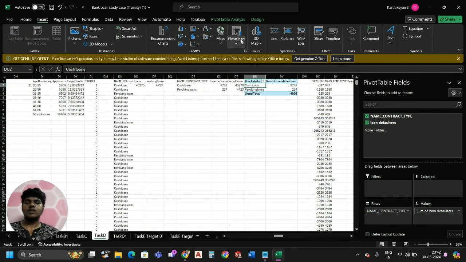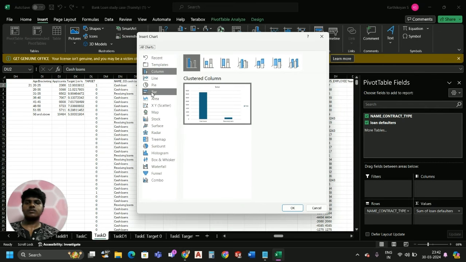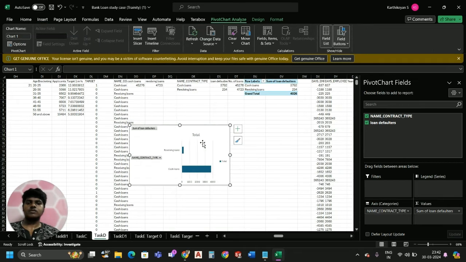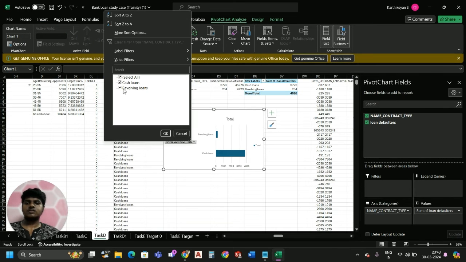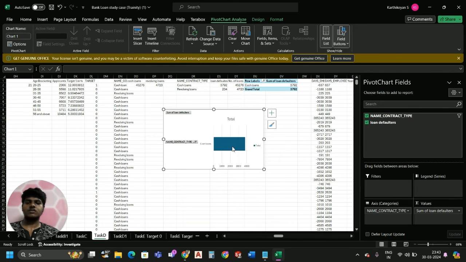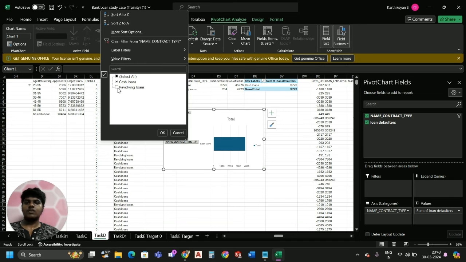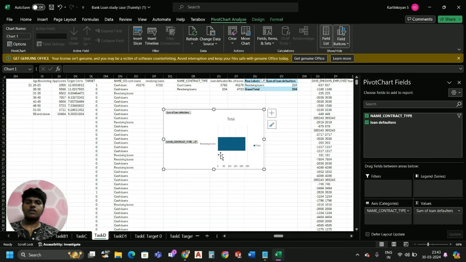Click here on pivot chart. You will get the pivot chart here. You can use this to see how many applicants are having a cash loan, and how many applicants are having only revolving loans, with the loan defaulters, that is difficulty to pay the amount.